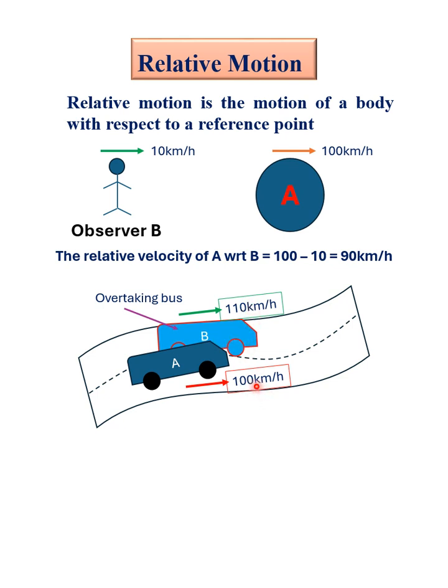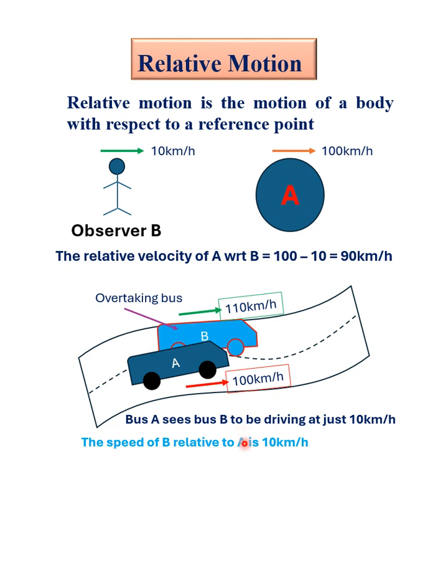So it is often observed that when you are seeing a bus overtaking your own bus, the overtaking bus seems to be moving at a slow speed. So we can say that bus A sees bus B to be driving at just 10 km per hour, which is the difference in speed. This is the concept of relative motion. So we can say the speed of B relative to A is 10 km per hour.